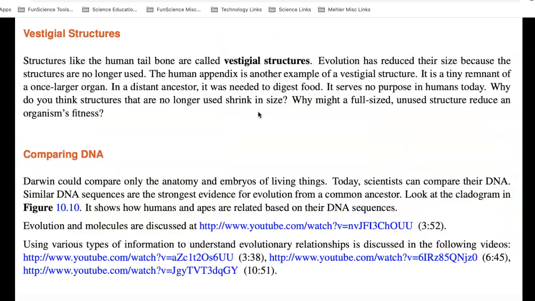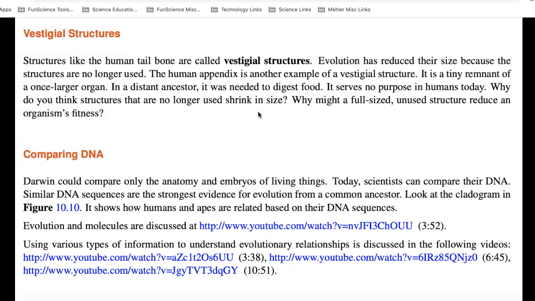There's also something called vestigial structures, and these have been reduced in size over time if the structure is no longer being used. For example, human beings have a tailbone. It's still there, but it's gone down way in size, but we still have a remnant of that bone.